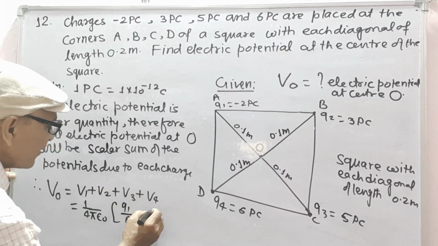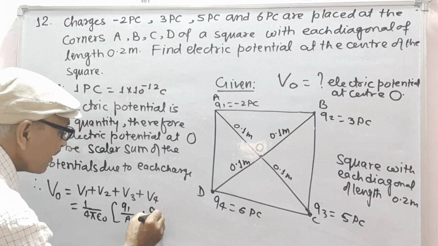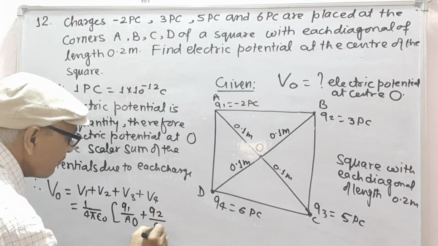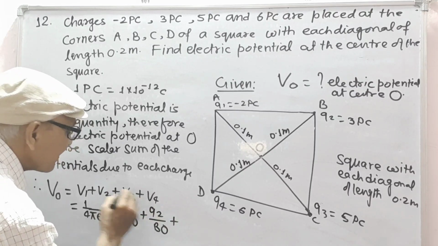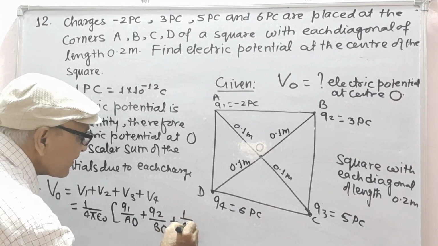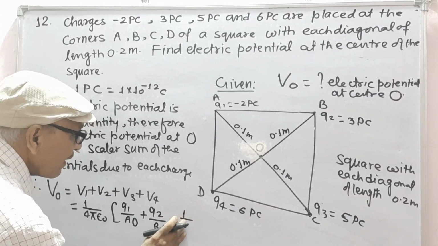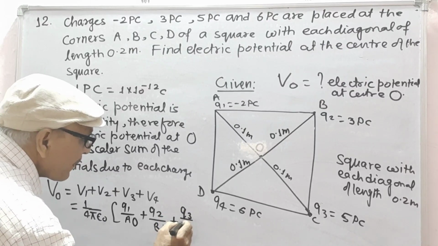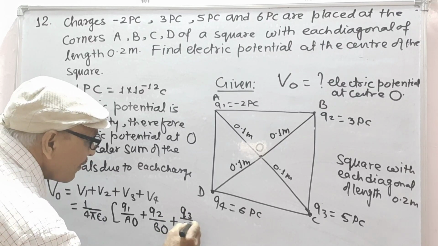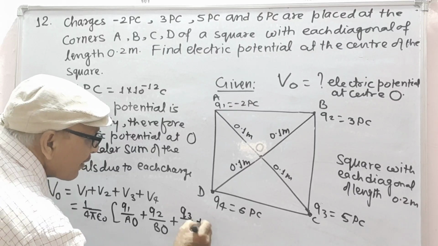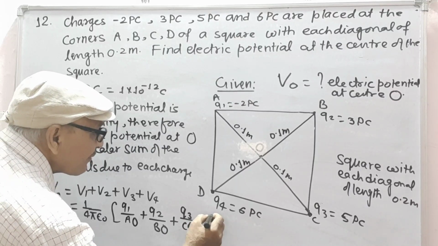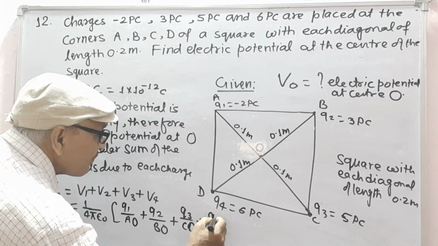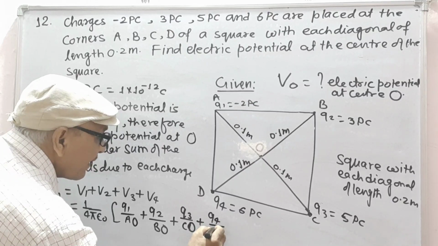Similarly, V2 will be 1/4 pi epsilon 0 Q2 upon BO. V3 will be 1/4 pi epsilon 0 Q3 upon CO. V4 will be 1 upon 4 pi epsilon 0 Q4 upon DO.